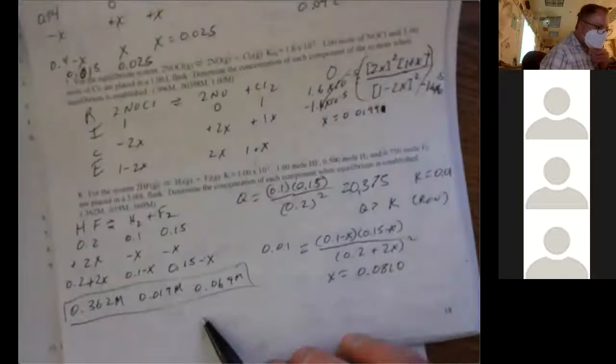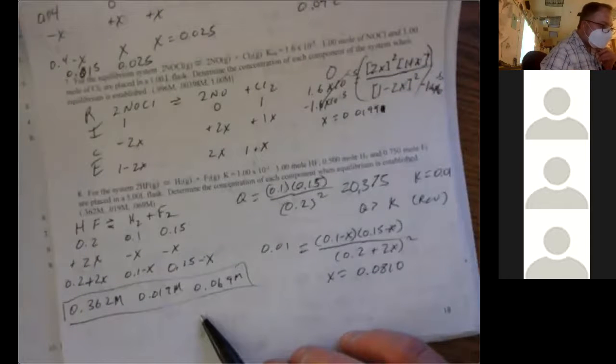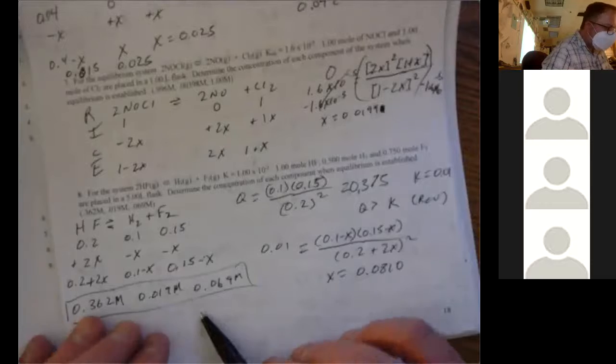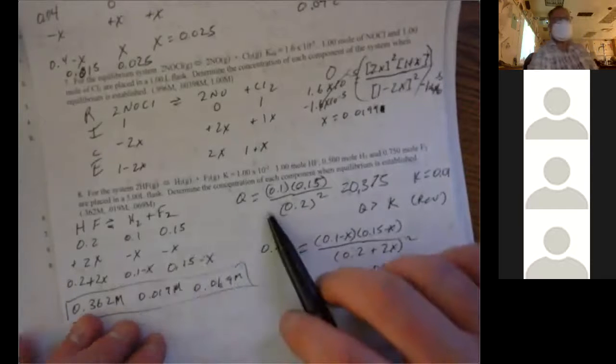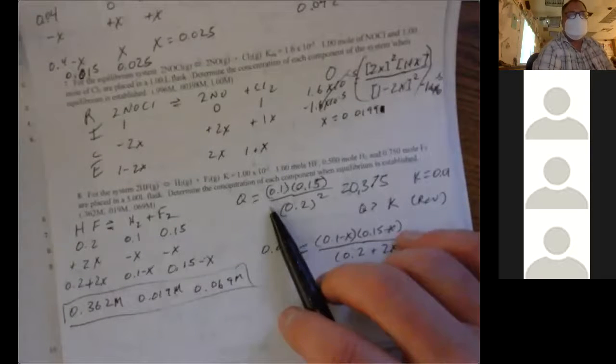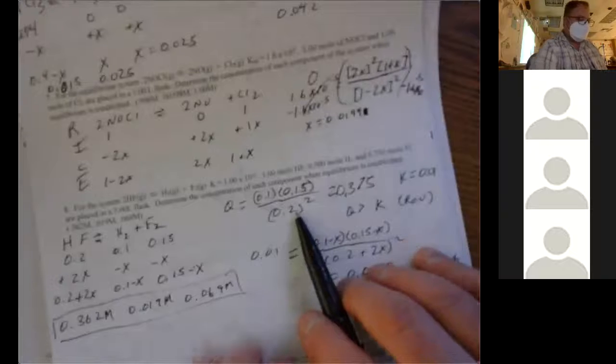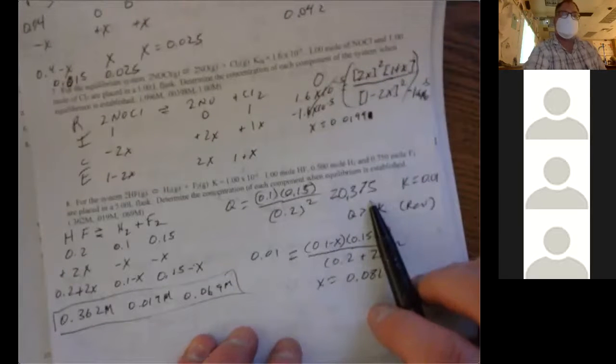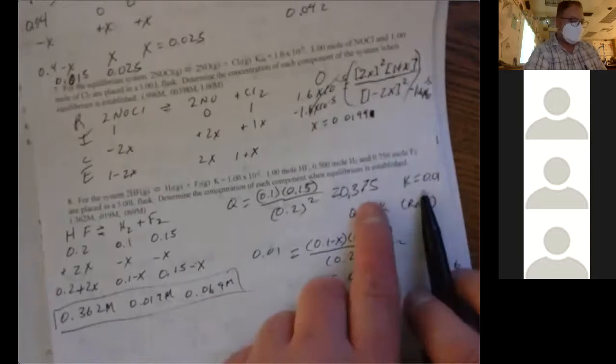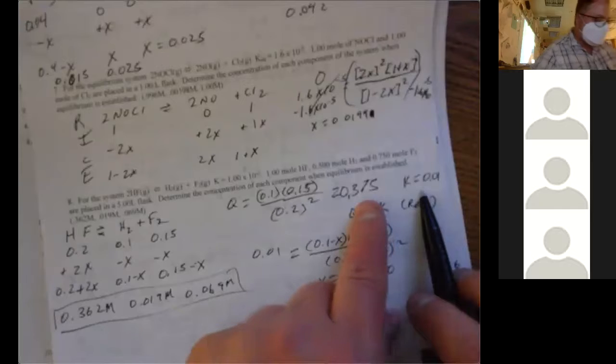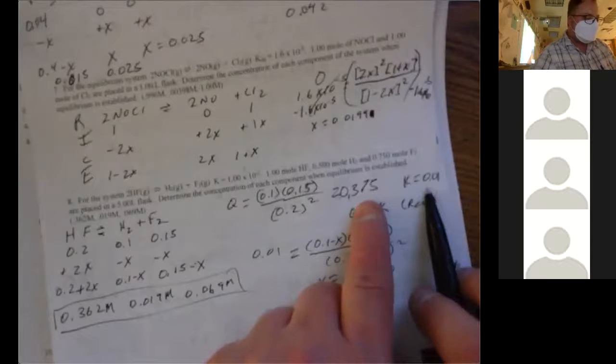This problem here, we had some of everything, right? So we had to find the quotient, which is Q. And Q was 0.375. We then looked at how Q compared to K. Is 0.375 greater than or less than 0.01?